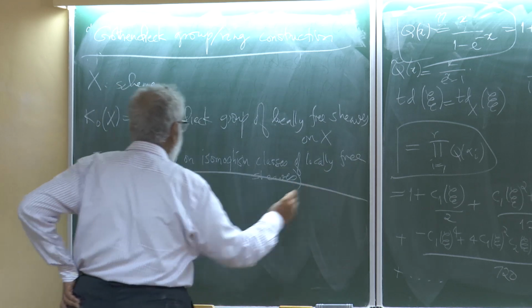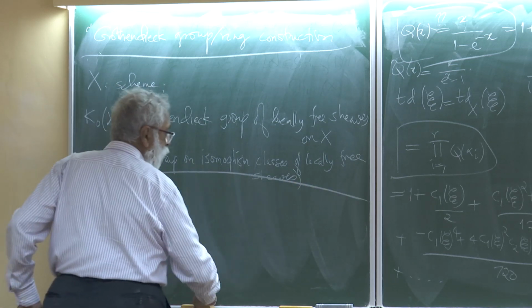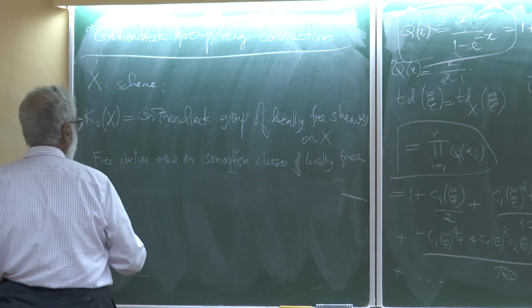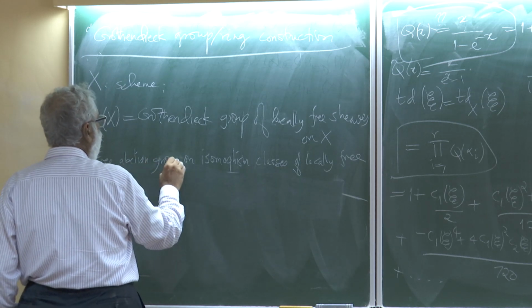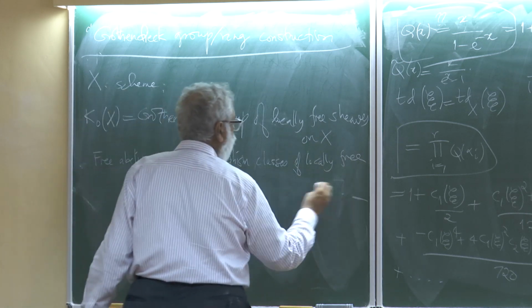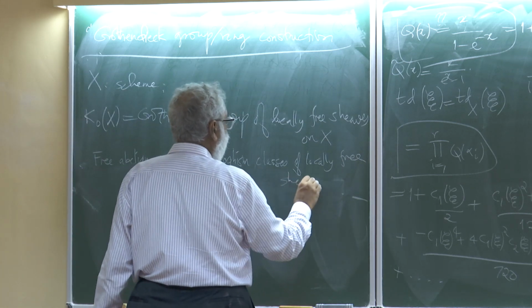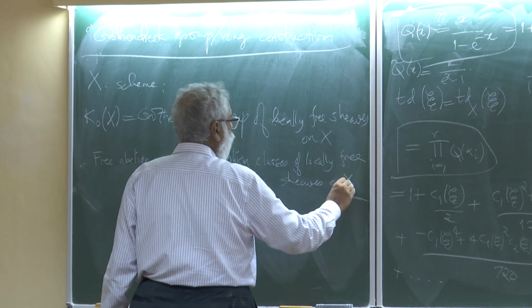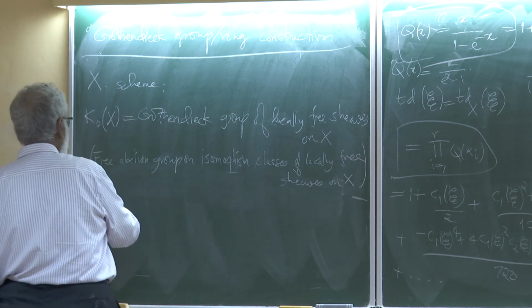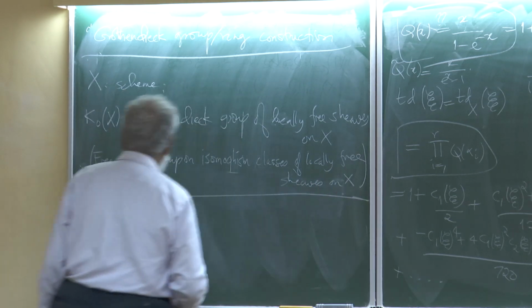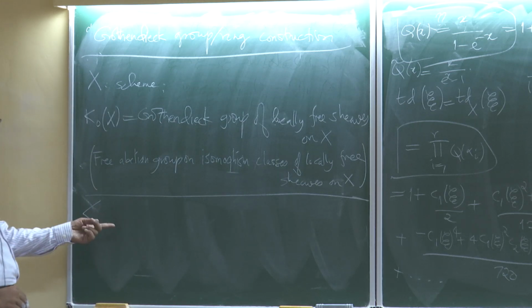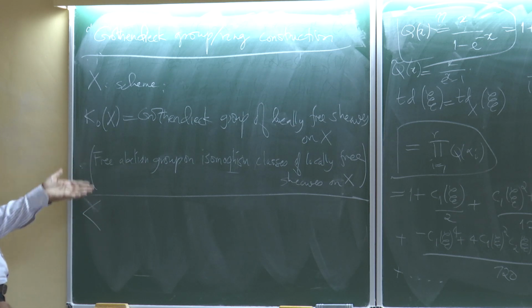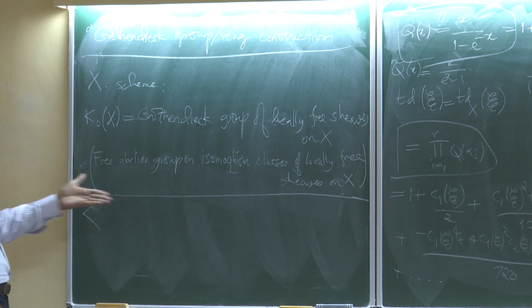modulo, sorry, modulo a certain subgroup. I'll give you generators of the subgroup, and then the quotient construction is to take the group generated by those things.